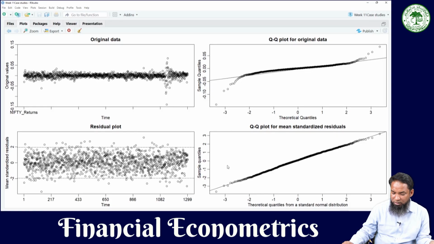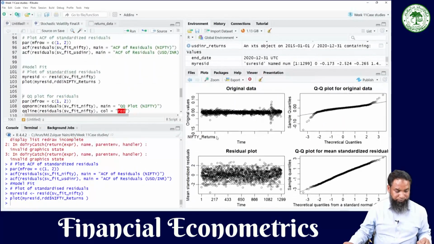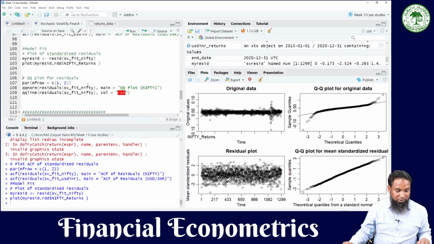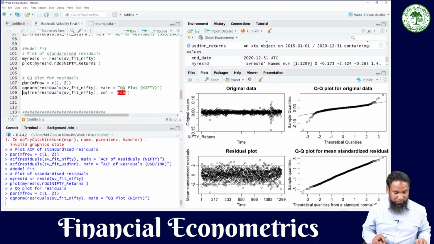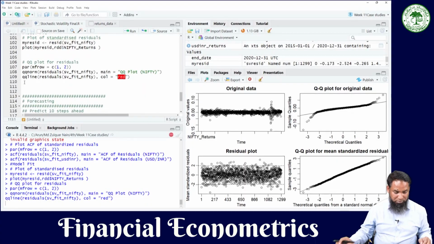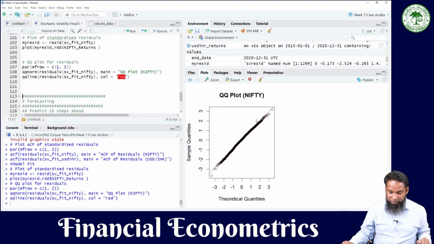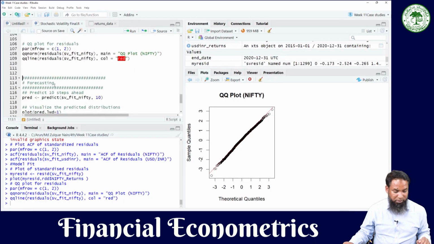That means this is the standard normal distribution we have. We do not have the problem of autocorrelation or heteroscedasticity here. Now similarly we can plot the QQ plot again. So again it is showing that the data is normal here.